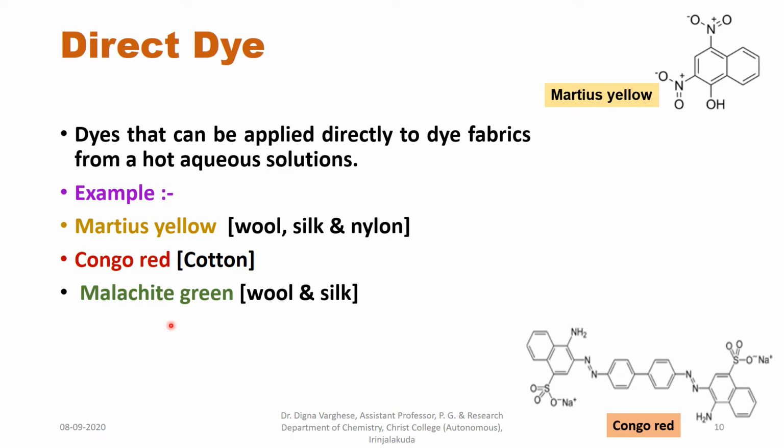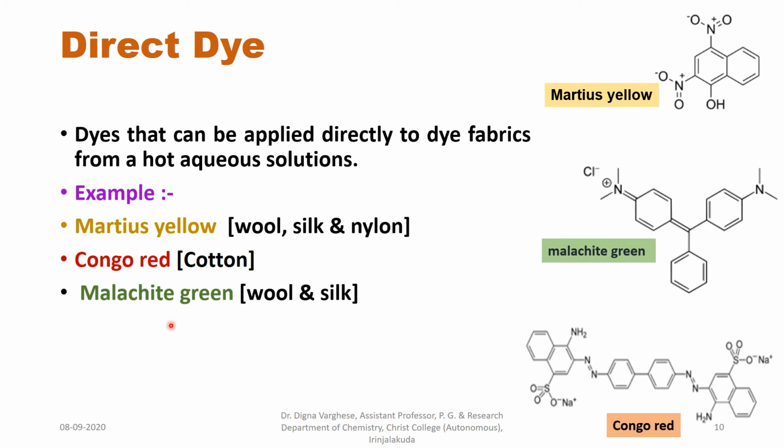Another one is malachite green. This is an example of a basic dye, and it can also be applied to wool and silk materials. So it is also applied directly to the fabric.